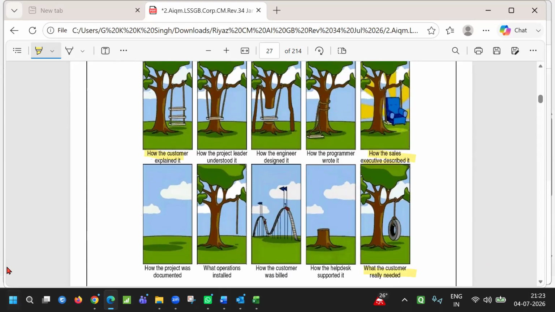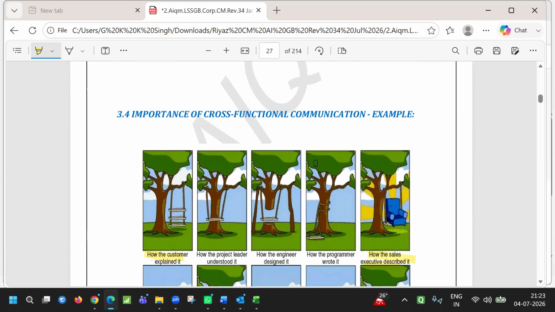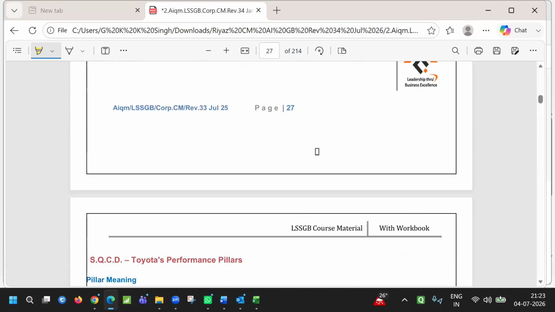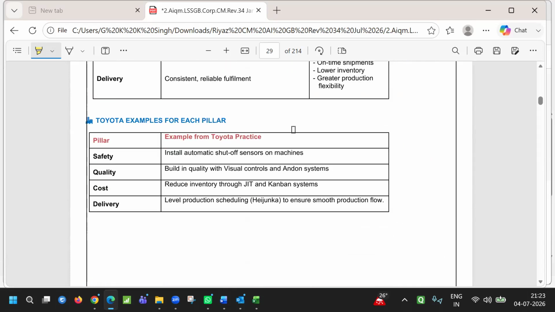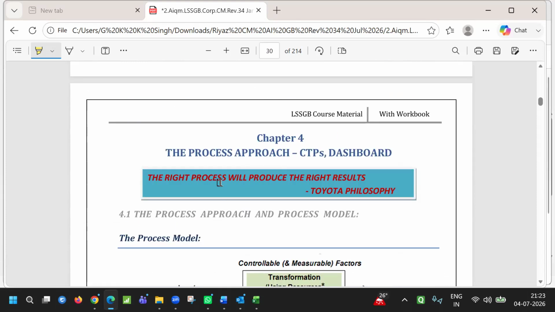So this gap can be seen here because there was a gap in the cross-functional communication. So QCD is a very important requirement in Six Sigma projects.